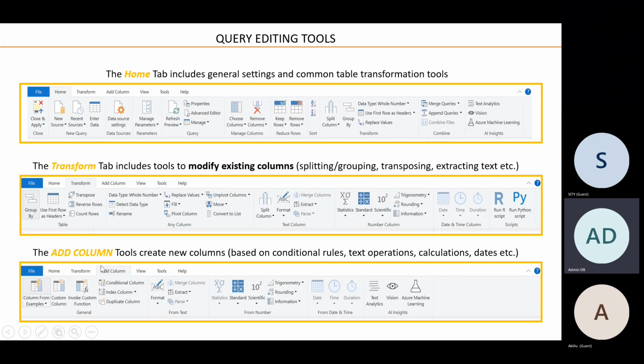So basically, when do we use transform and when do we use add column? Once we finish the discussion on these pointers, then we will load two data sets and do a few transformations.